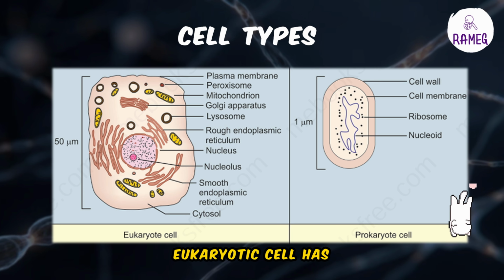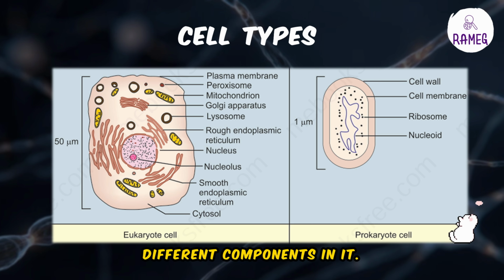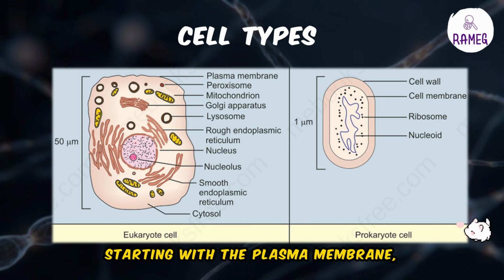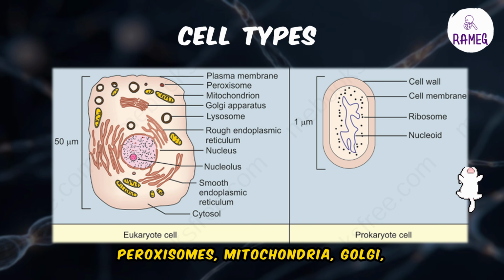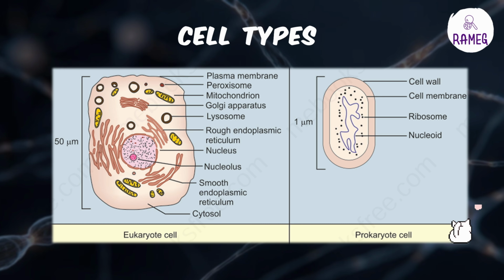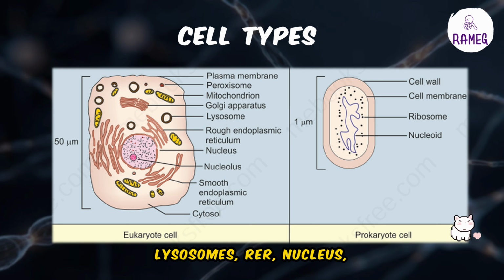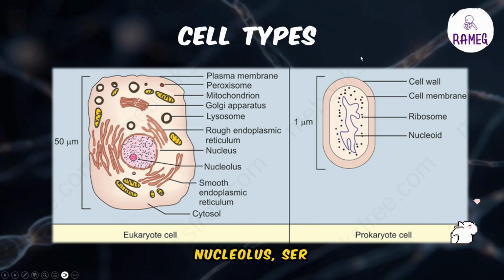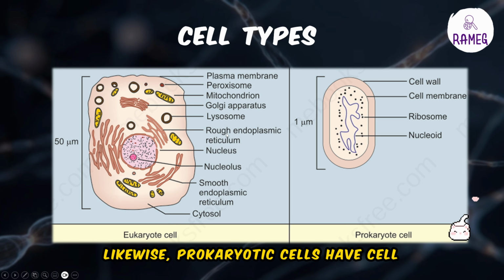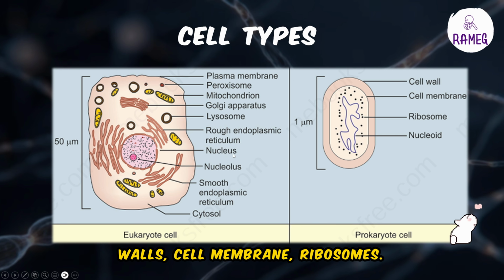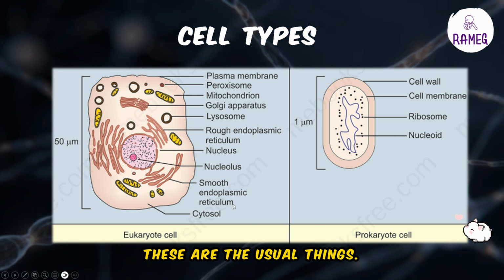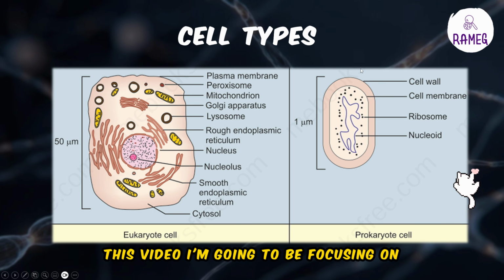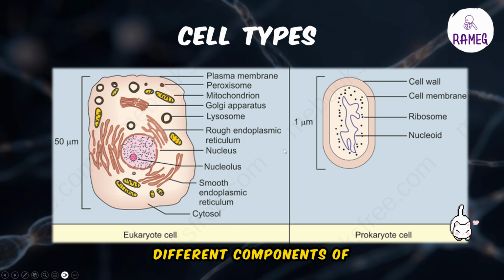Eukaryotic cells have different components in them, starting with the plasma membrane, peroxisomes, mitochondria, Golgi, lysosomes, RER, nucleus, nucleolus, smooth endoplasmic reticulum, cytosol, likewise. Prokaryotic cells have a cell wall, cell membrane, ribosomes. These are the usual things. In this video, I'm going to be focusing on different components of each part of the cell.